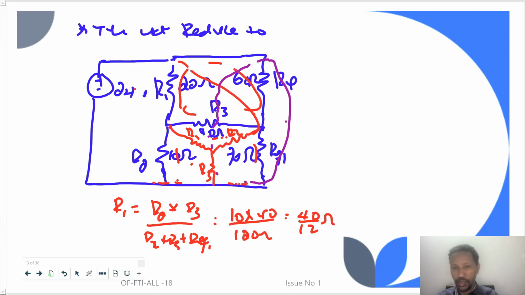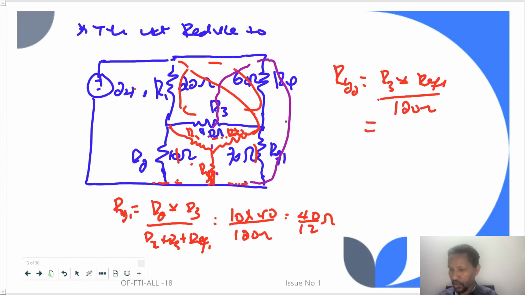Let's say this is RY1, this is RY2, and this one is RY3. So RY2 equals R3 times R equivalent 1 over the sum of the three resistors, which is the same, 120 ohm.